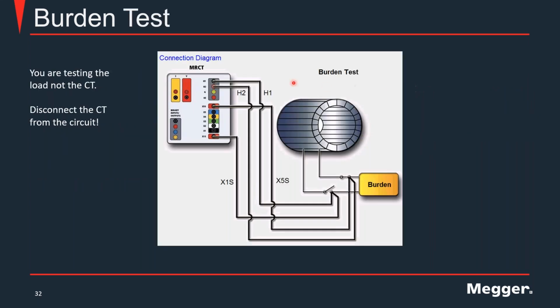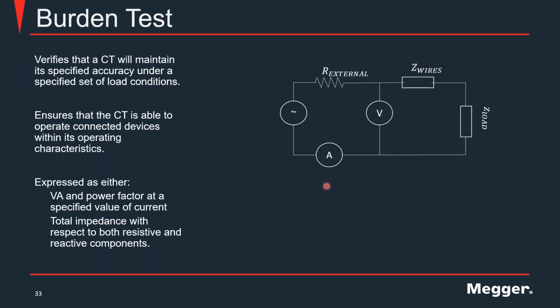Now, for the burden test, remember you are not testing the CT, you are testing the load, not the CT. Therefore, disconnect the CT from the circuit, as you can see in this diagram here. My colleague Mike will show you how to perform a burden test with the CT. For the burden test, what you do is inject an AC current into the load of the CT.